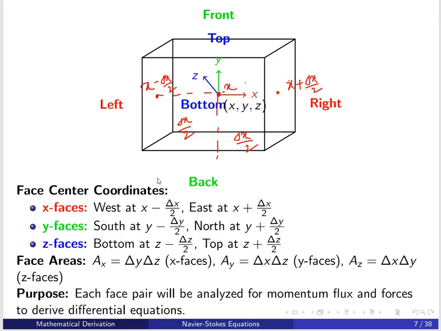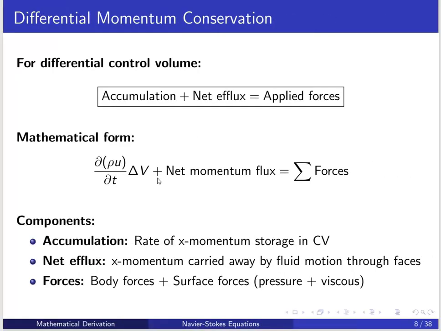The face areas again: Ax is del y into del z for the x faces, Ay is del x del z for the y faces, and Az is del x del y for the z faces. What is the purpose of this? Each face pair will be analyzed for momentum flux and forces to derive the differential equations.